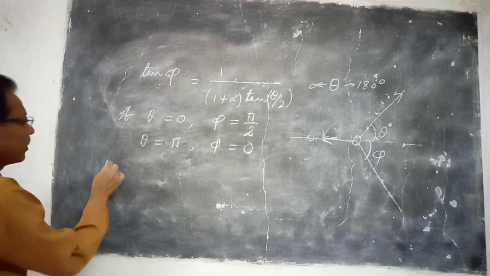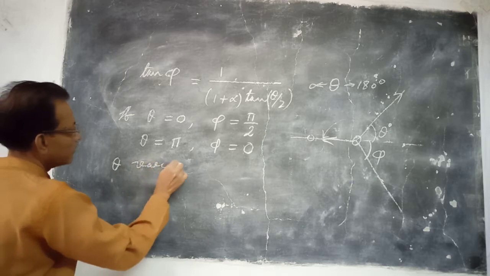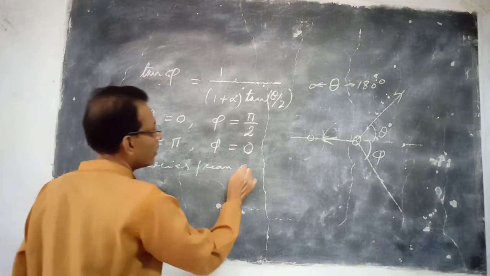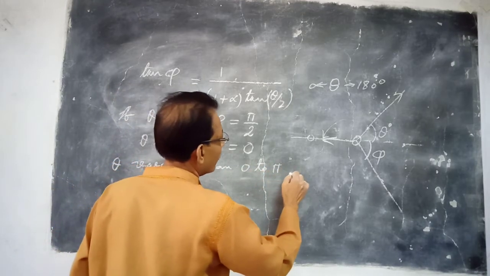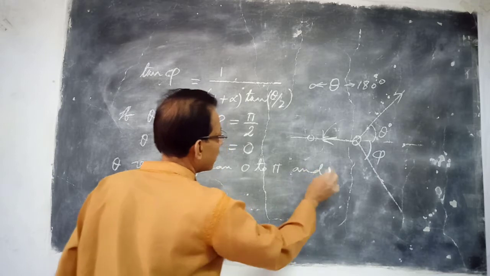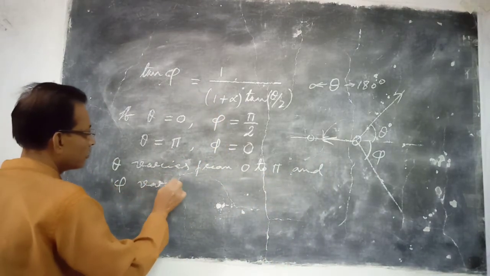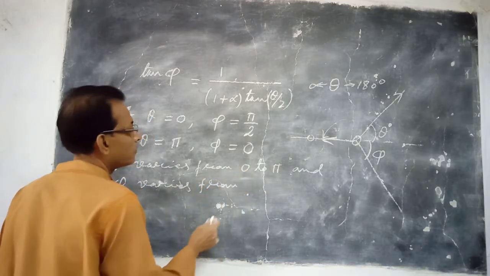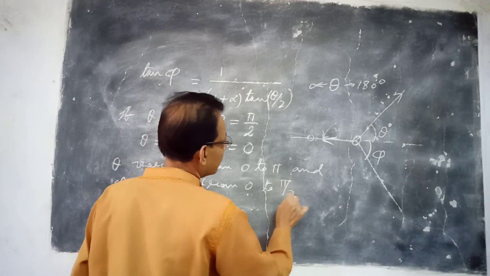So theta varies from 0 to pi, and phi varies from 0 to pi by 2.